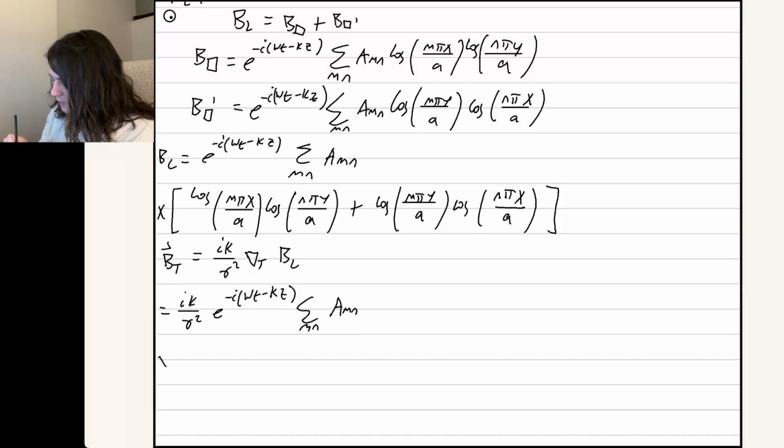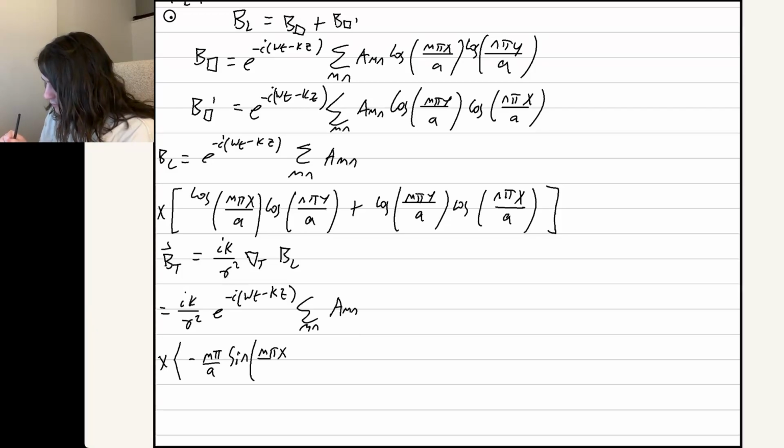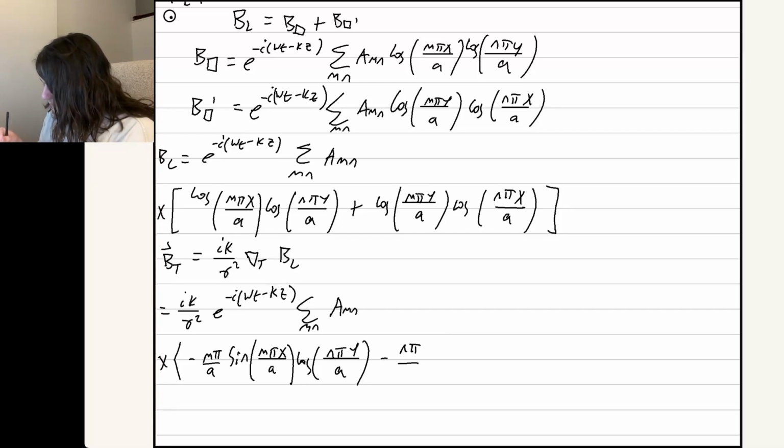So times, this is going to be minus m pi over a sine m pi x over a, cosine n pi y over a, minus n pi over a, cosine m pi y over a, sine n pi x over a.